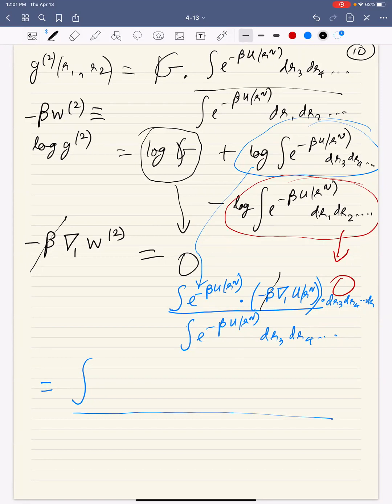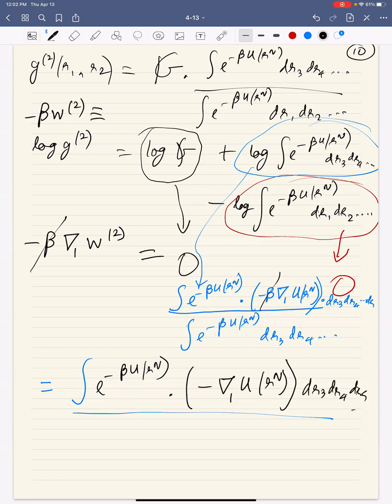I get e to the power minus beta u of Rn multiplied by minus the gradient with respect to the position of particle 1 of the full n-particle potential energy, integrated out over dr3, dr4, dr5, and so on.